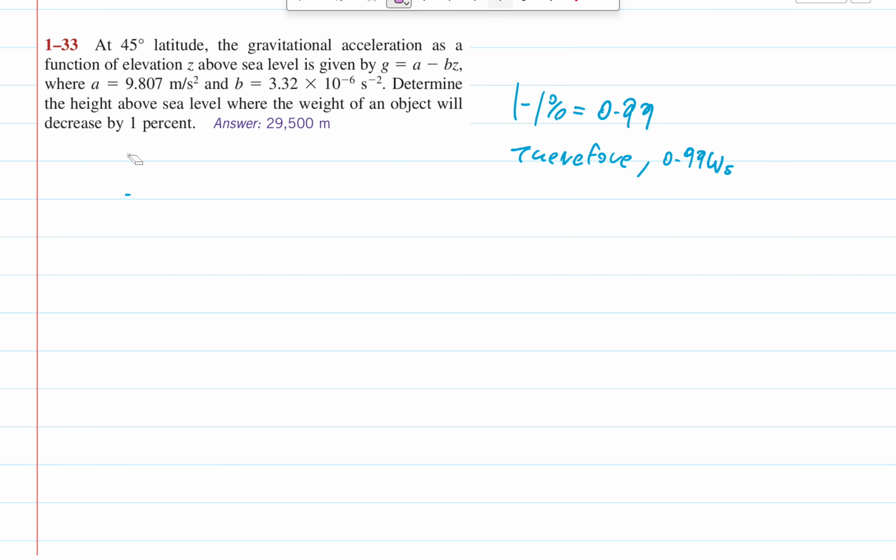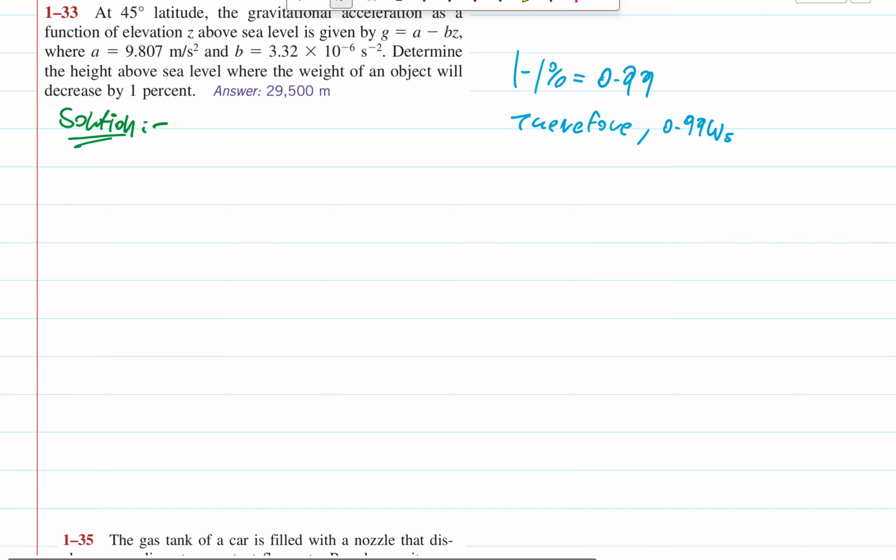So what's the solution to this problem? What we're going to do is say that the weight is equal to 1%, so 0.99 Ws. So that's the weight at sea level.